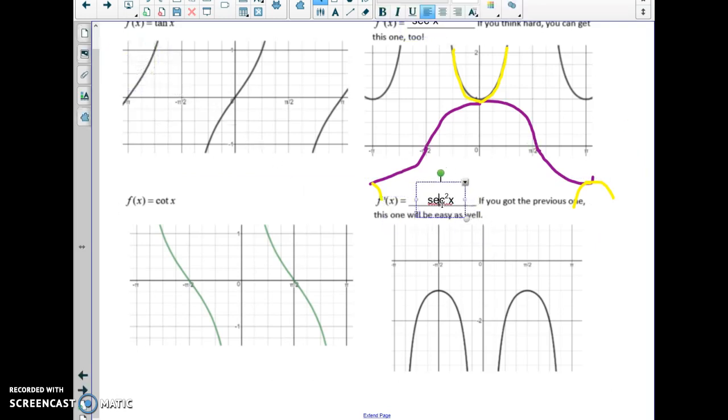So I'm going to cut and paste and do a little bit of typing here. So negative cosecant squared is the derivative of cotangent. Can you see the sine curve that's kind of sketched in here? Here would be sine up here, but then the negative of it would be down here. And it's always going to be down here because we squared it.